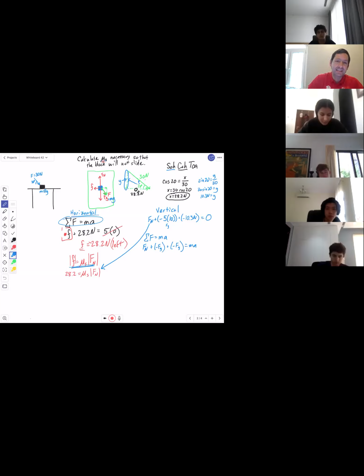And then we say, dang it, but in order to get the coefficient, I need the normal force. So what do we do? We do something we've been doing for the last 3 classes. We do a free body diagram, and this time we look at the vertical forces, right? So then we look at the vertical force, and that's what we're doing. Now we're doing exactly the same thing that we've been doing for the last 2 or 3 classes, trying to find the normal force based off of the vertical forces.